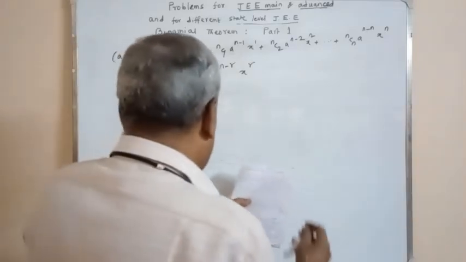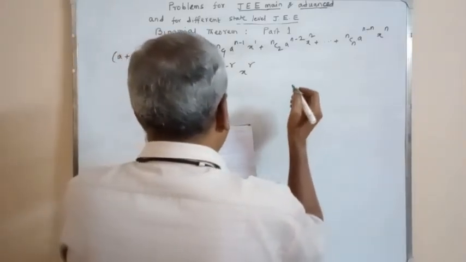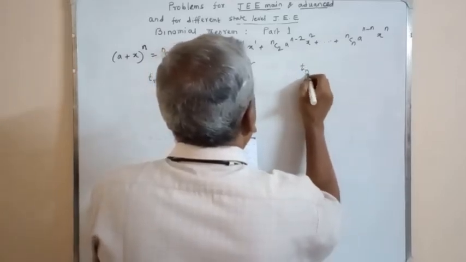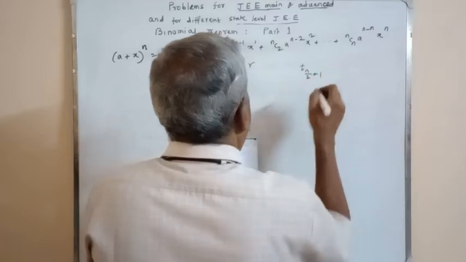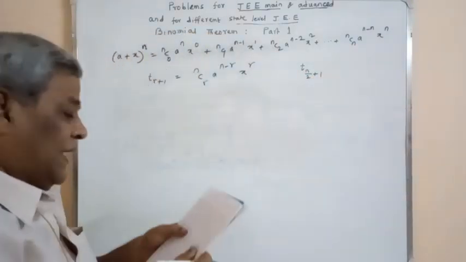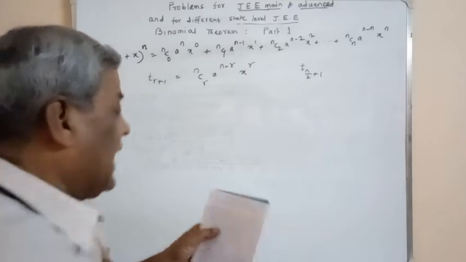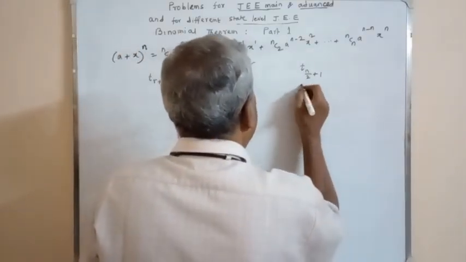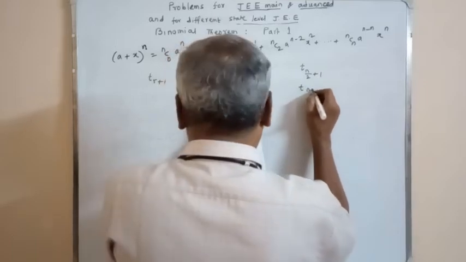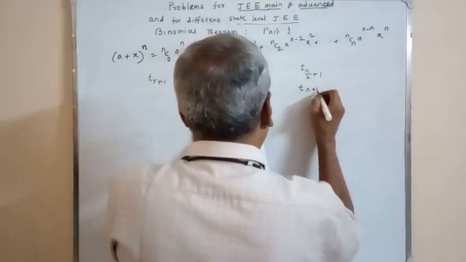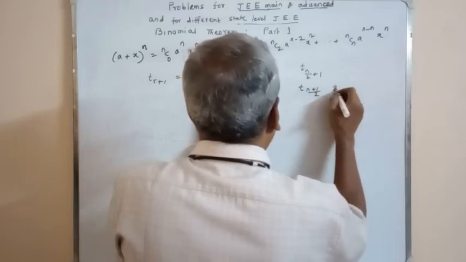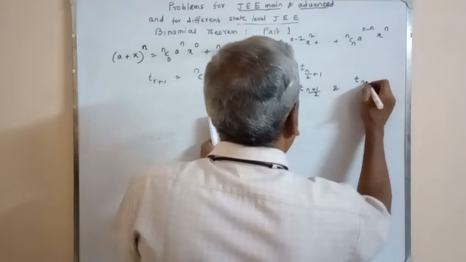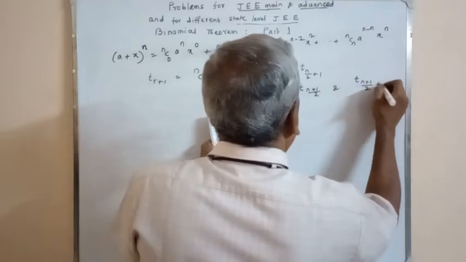Normally, the middle term is T(n/2 + 1) if n is even. And if n is odd, then it is T((n+1)/2) and T((n+1)/2 + 1).